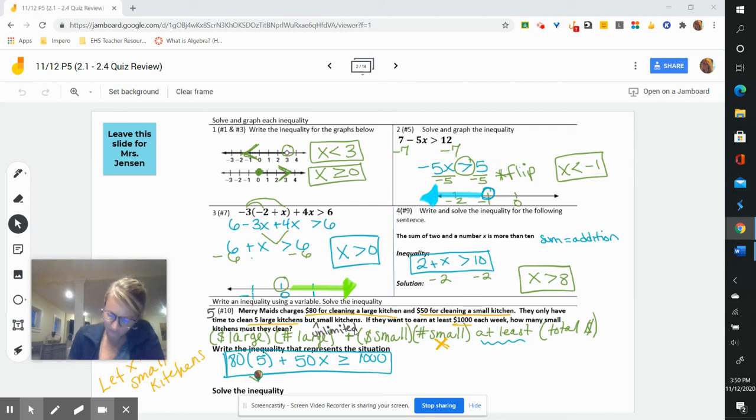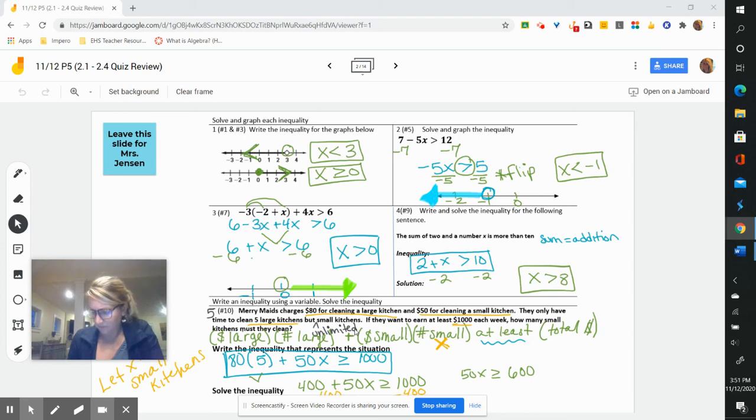80 times 5 is 400. So right now to the x term, we're adding 400. So we're going to subtract it from both sides. $50x is greater than or equal to 600.